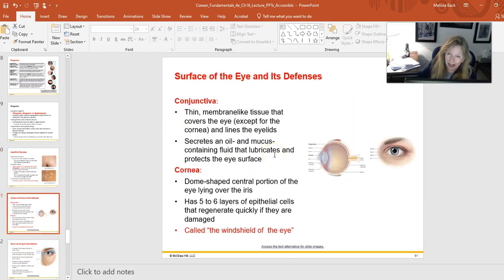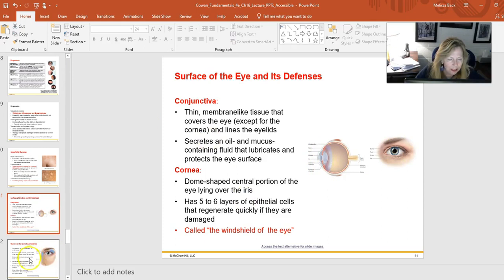Now, the eye has so many built-in defense mechanisms. Our conjunctiva is that very vascular membrane that surrounds the lids and even the sclera, the white of the eye, all but the cornea, which is the windshield of the eye, the clear coat above the iris, the colored part of the eye.